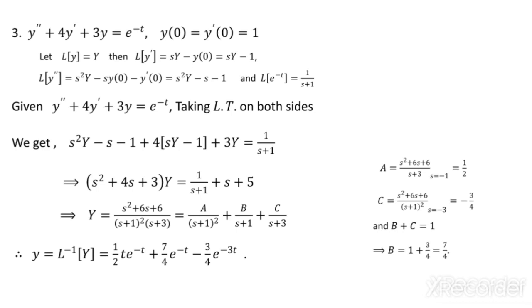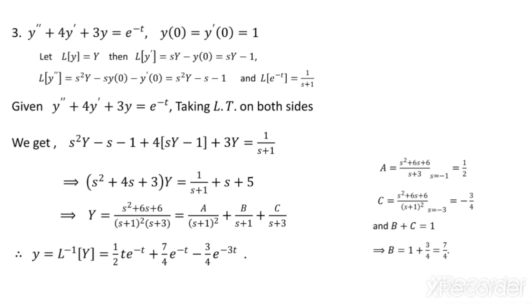So half times t e power minus t plus 7 by 4, because B value is 7 by 4, L inverse of 1 over s plus 1 is e power minus t. C value is minus 3 by 4, L inverse of 1 over s plus 3 is e power minus 3t.